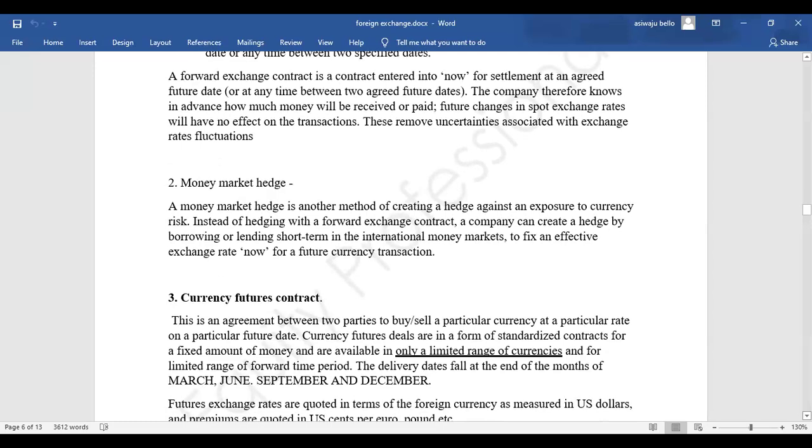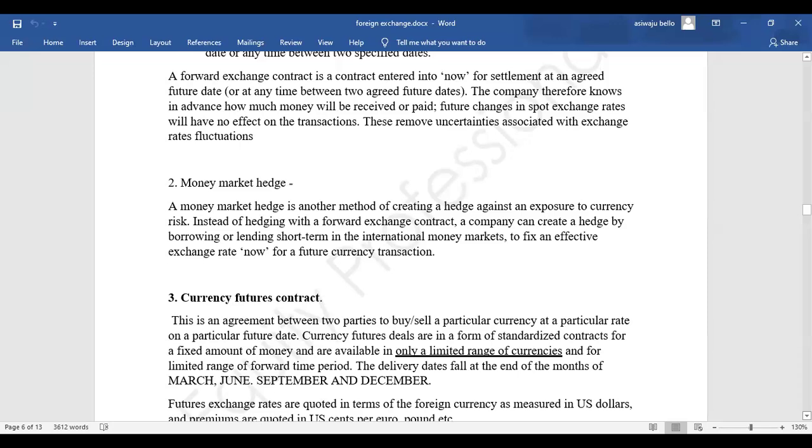At this market, two parties agree to buy or sell a particular foreign currency at a particular exchange rate on a particular future date. At this market, the contracts are standardized.